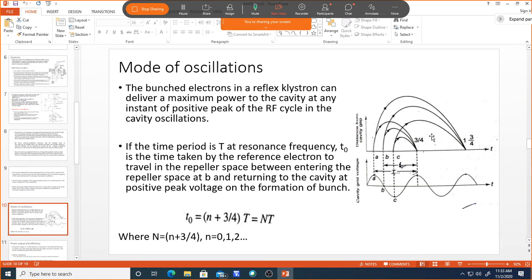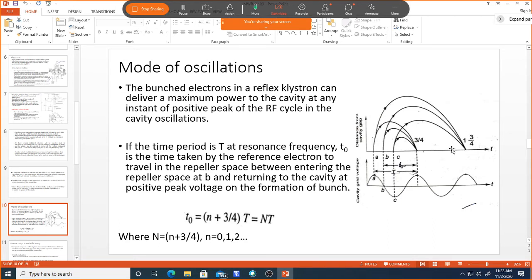If you take the 3 by 4th mode, the time taken by the electron repelled by the repeller to return for collection at the positive peak is very much less, so it will not effectively give the power.